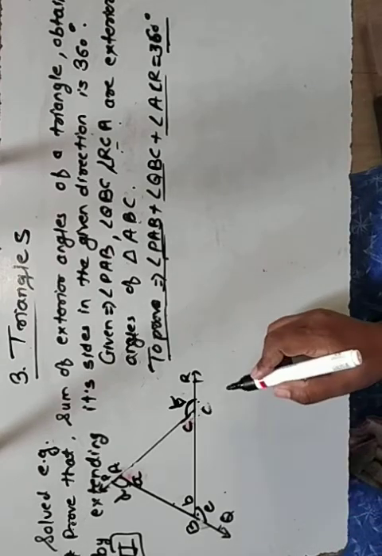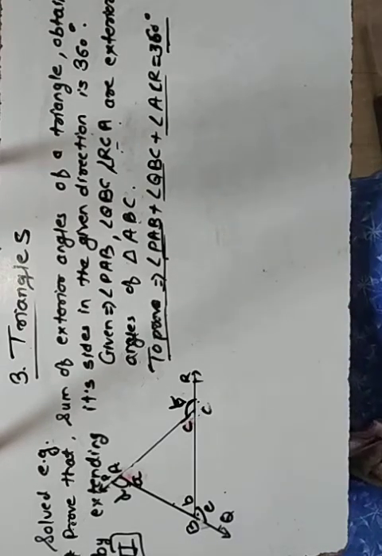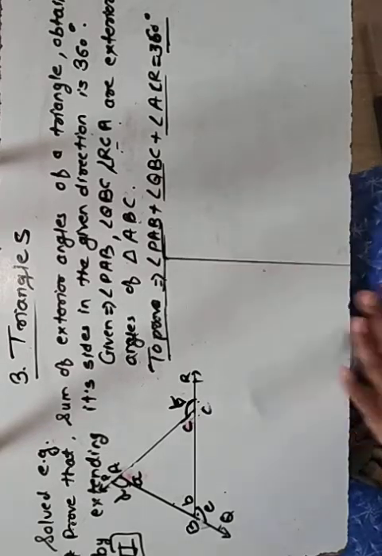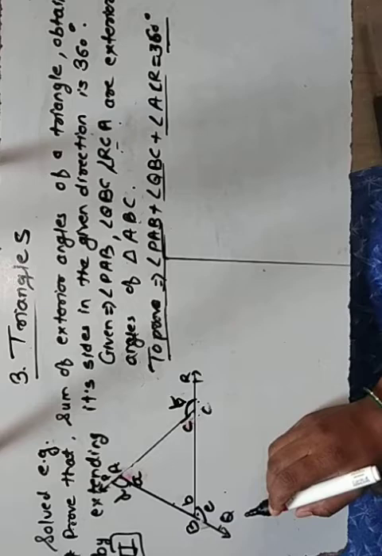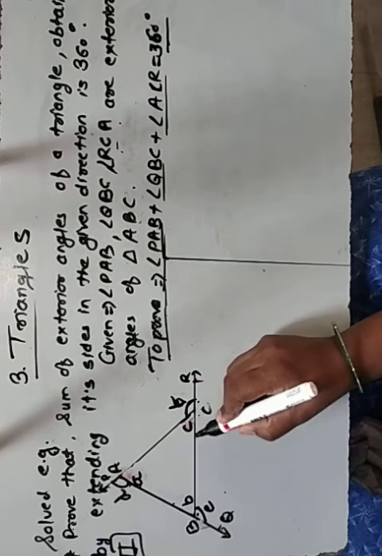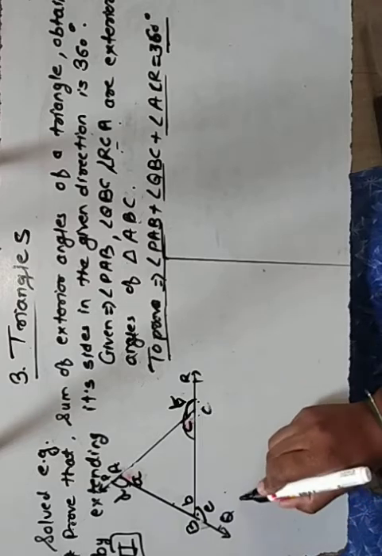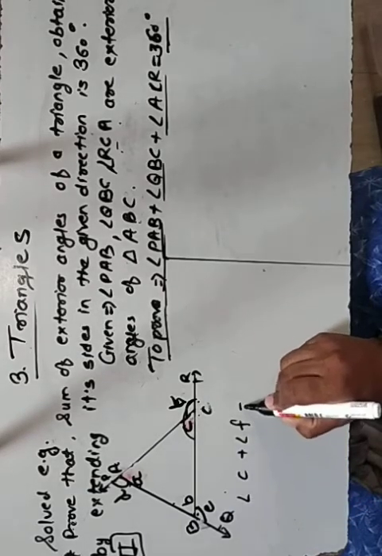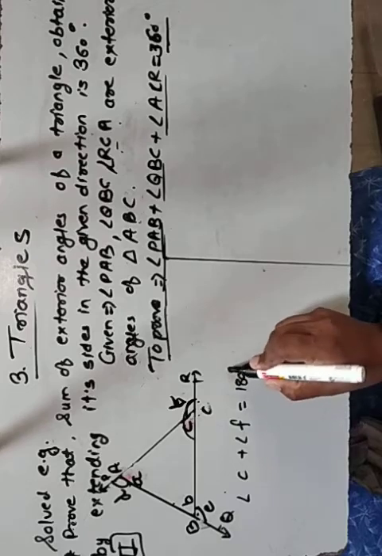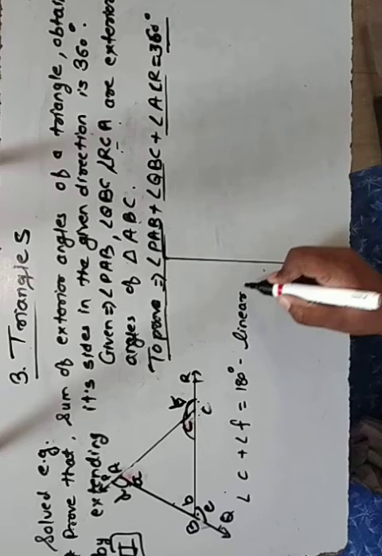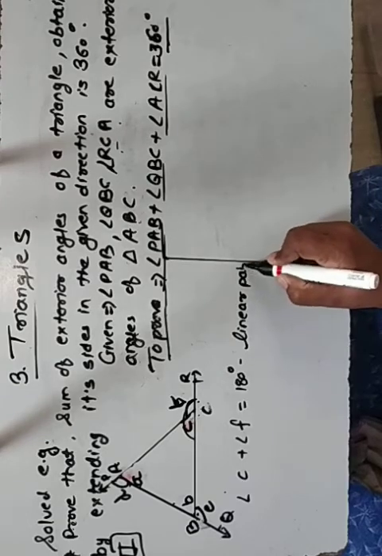Another method inside. What we have to do? First of all, as you know, angle C plus angle F, these two angles' measure is equal to how much? 180 degrees. The reason behind it is that these are linear pairs of angles. Linear pair of angles means they are on the same line.